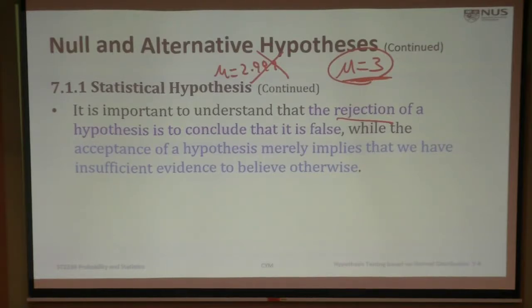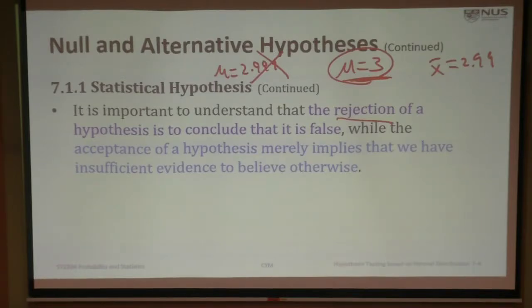So usually what we do is take a subset of the population, or we do a sample, and then we calculate X bar. So for example, X bar equal to 2.99. Now we have to make a decision whether we believe that mu equal to 3, or we don't believe that mu equal to 3.